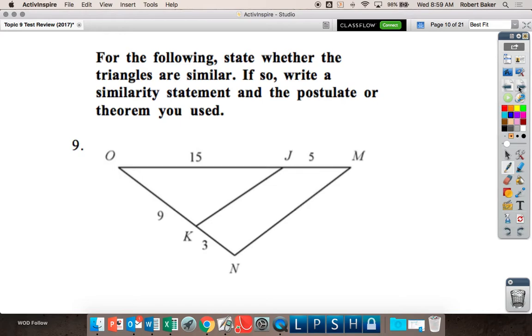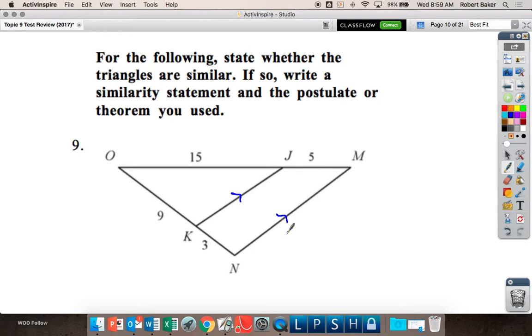And I would normally agree with you, but you're missing one key piece of information. Are KJ and NM parallel? Where does it say that? So if there were parallel lines here, you could use the side splitter theorem.